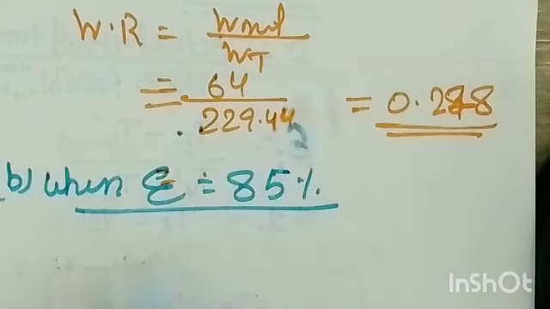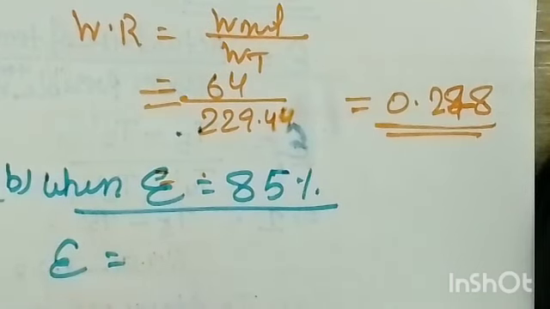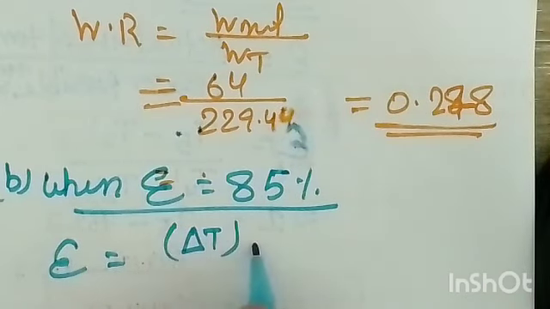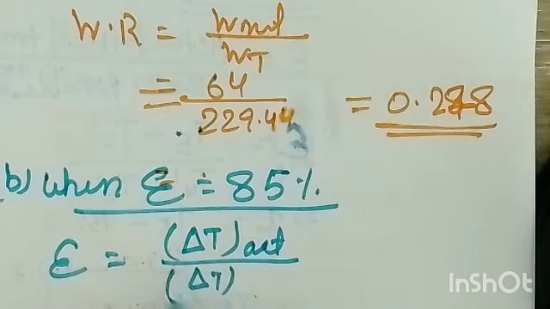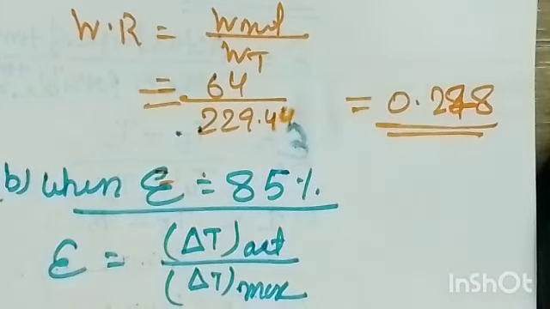Effectiveness is the actual rise of temperature by the maximum possible rise in temperature. So you can say in this format, delta T of actual by delta T of maximum. Maximum means from 4' to 2', and actual is from 2' to 5.